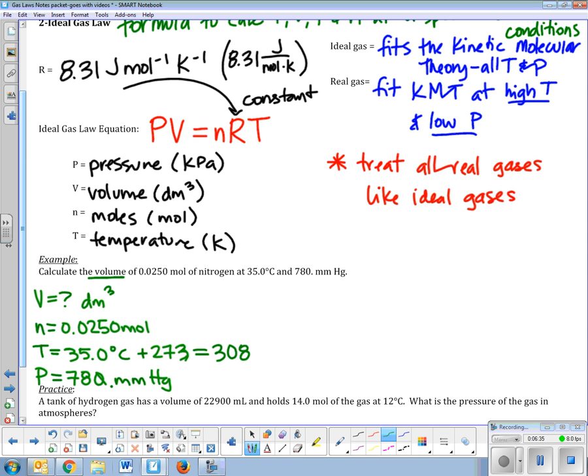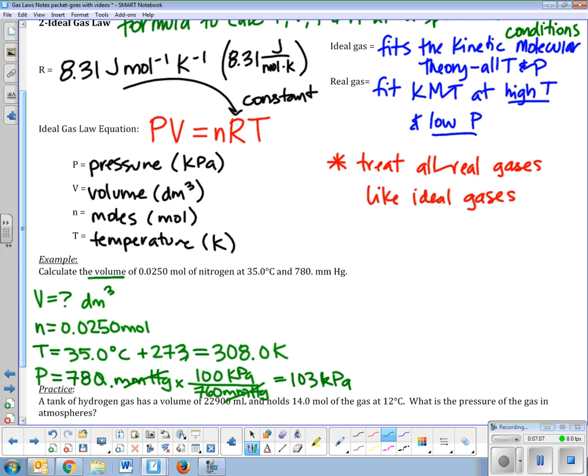And we're going to keep the same numbers after the decimal because we're adding. So 308.0 Kelvin. And my pressure, I have to do the quick unit conversion. So there are 760 millimeters of mercury and 100 kilopascals. So millimeters of mercury divide out. So typing this in my calculator, I get 103 kPa. I'm going to have 3 sig digs.